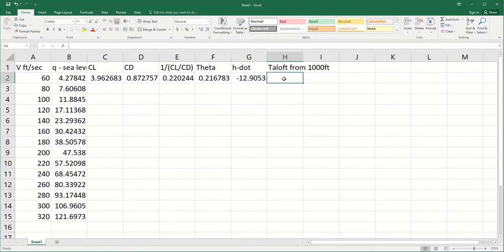And I lost my minus sign on the board. No, I didn't. We're good. There should be a hat over these, though.